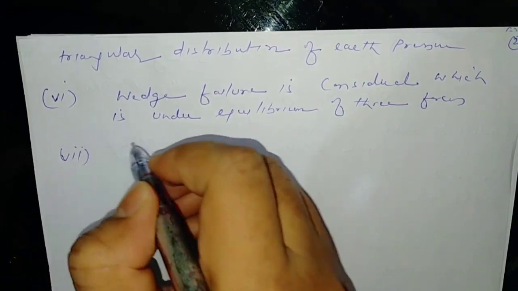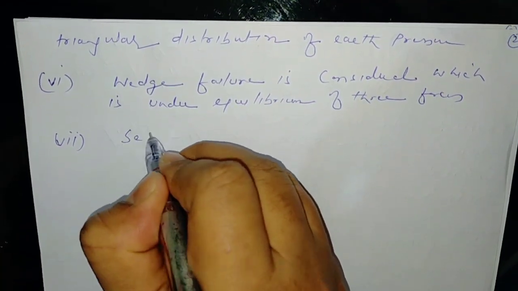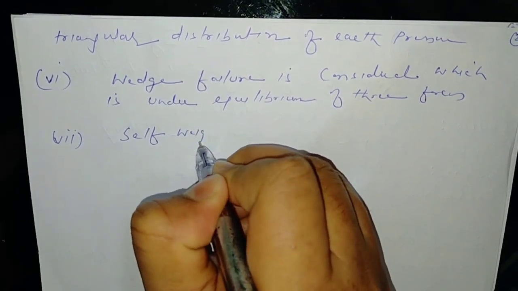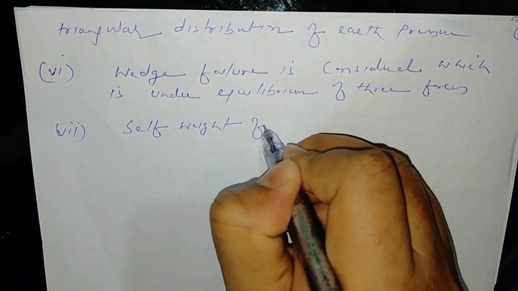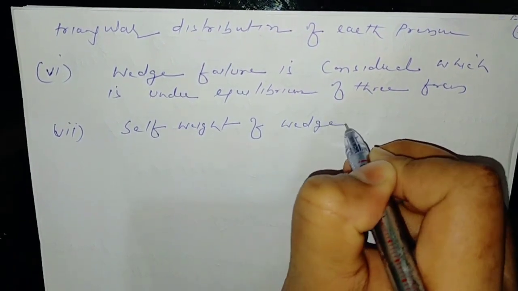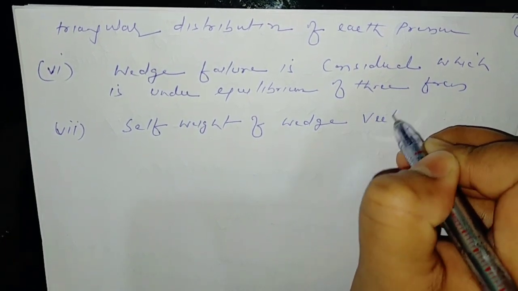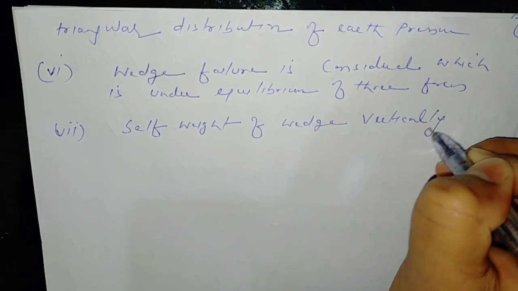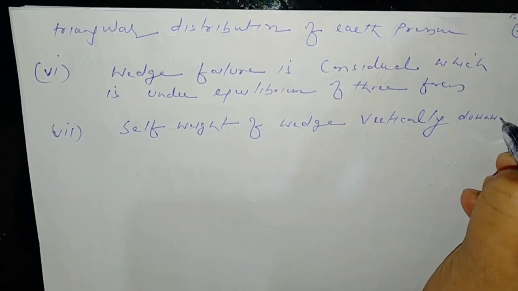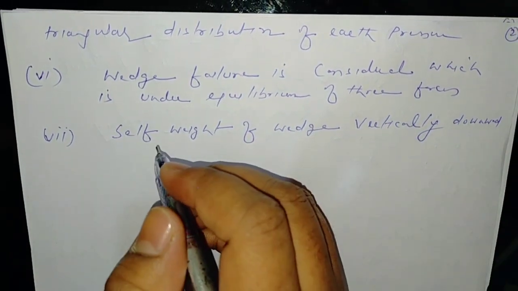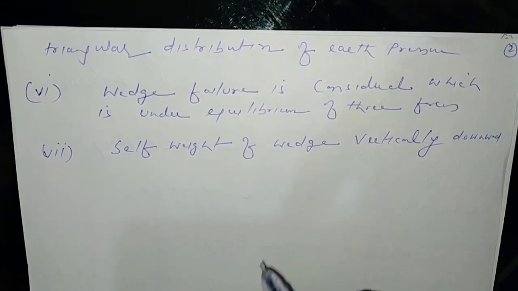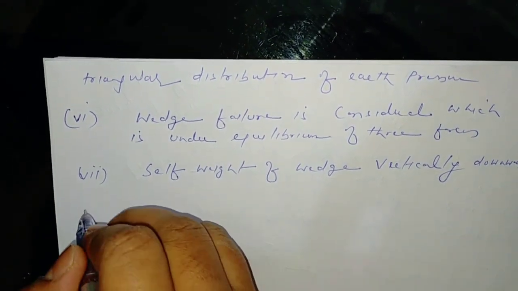Seventh, self weight of wedge acts vertically downward. Self weight of wedge acts vertically downward.